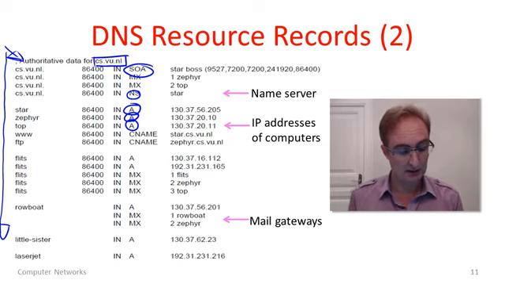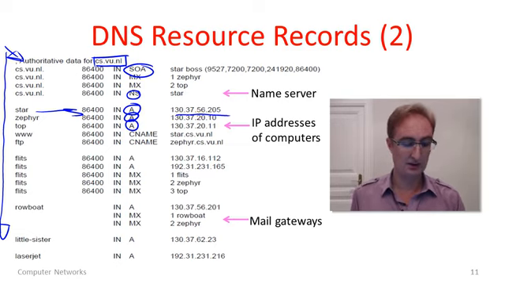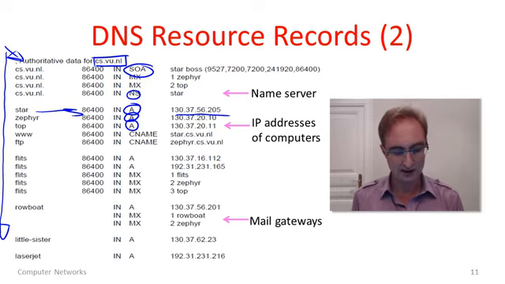We can also find out the IP address for star, because here's the A record for star within cs.vu.nl. This other information is information such as the time to live or validity information. I forget what 86400 is. That might be the number of seconds in a day or something like that. And IN just means internet zone. And I think that I'll leave it at that for a DNS record.